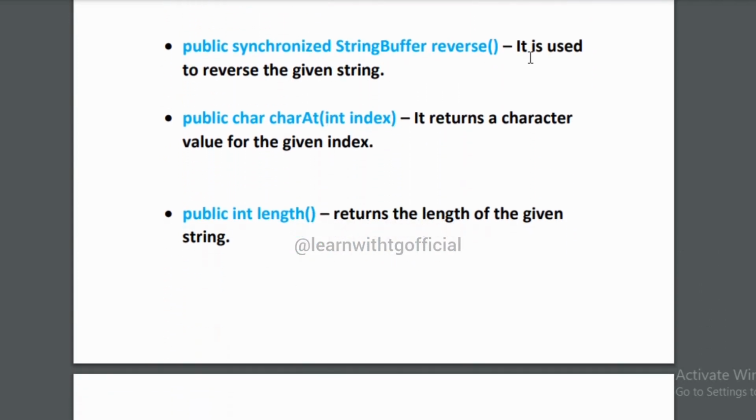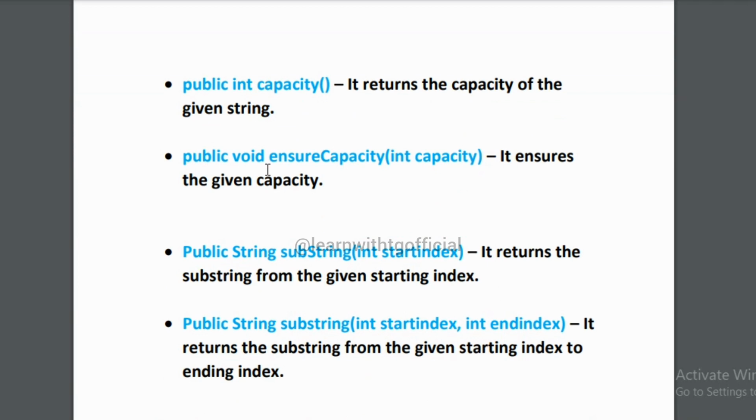Public synchronized StringBuffer reverse() is used to reverse the given string. Public char charAt(int index) returns a character value from the given index. Public int length() returns the length of the given string. Public int capacity() returns the capacity of the given string.